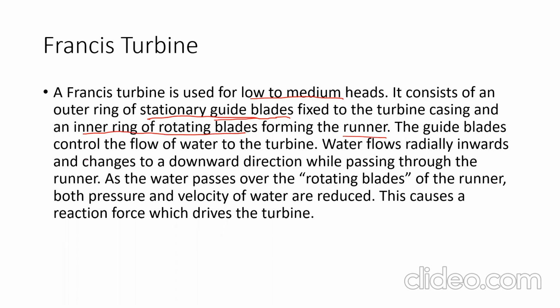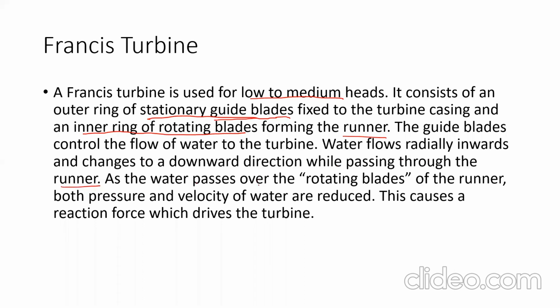The guide blades control the flow of water to the turbine. It means guide blades direct the flow of water to the runner or rotating blades. The water flows radially inwards and changes to a downward direction while passing through the runner. Water flows radially, so it rotates around the body in a circular manner.